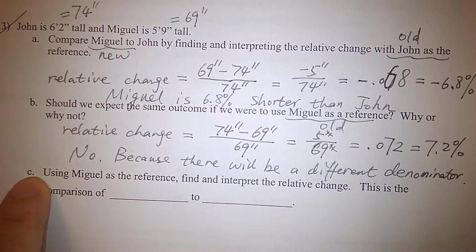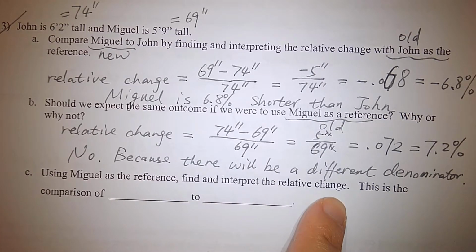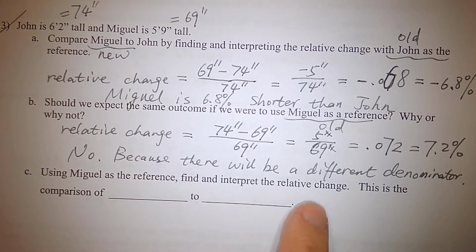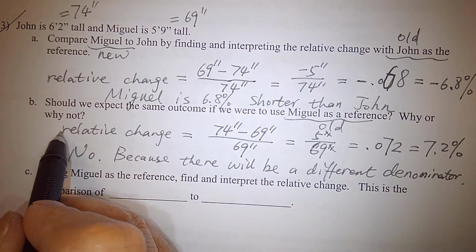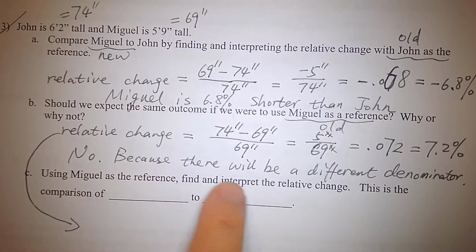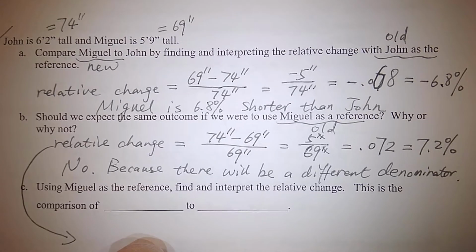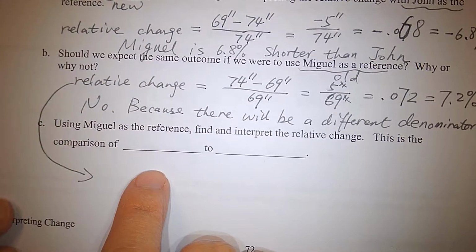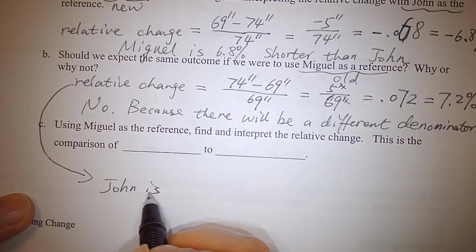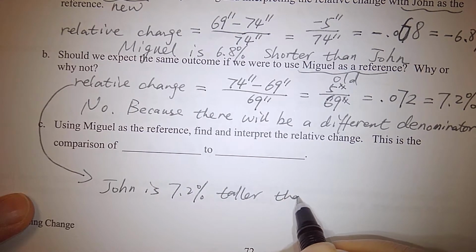Question C is asking us to use Miguel as a reference and find and interpret the relative change. We actually did it in advance, so we don't have to rewrite it. We just need to say this is the answer for question C. And if we interpret it: John is 7.2% taller than Miguel.